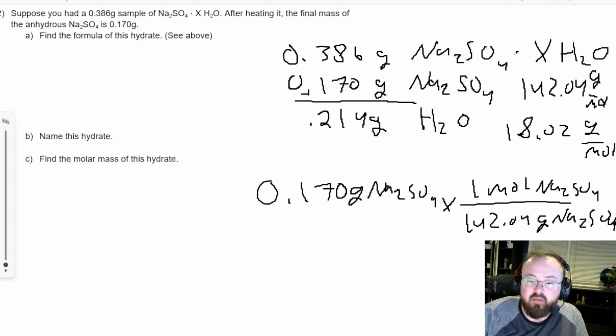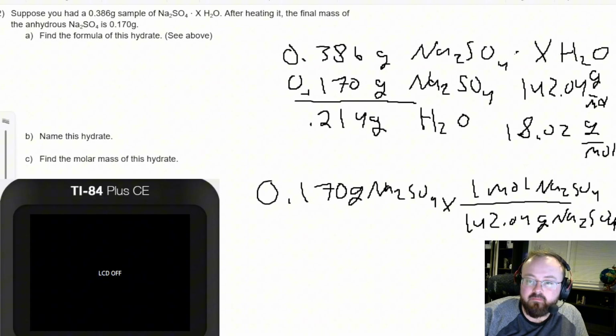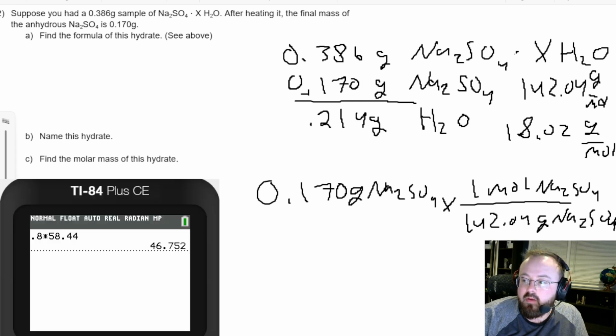Bring up the old calculator, and we get 0.170 divided by 142.04. That is our value.